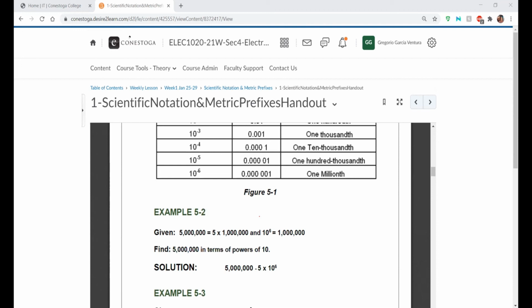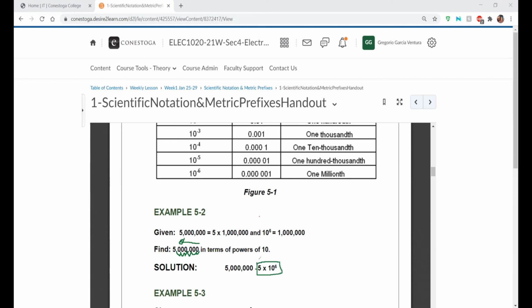If I skip my decimal point 6 spaces to the left, 1, 2, 3, plus 1, 2, 3, then I write the expression as 5 times 10 to the 6th.